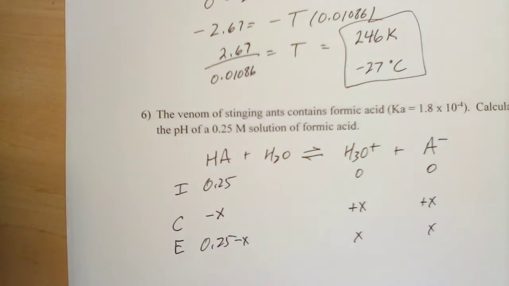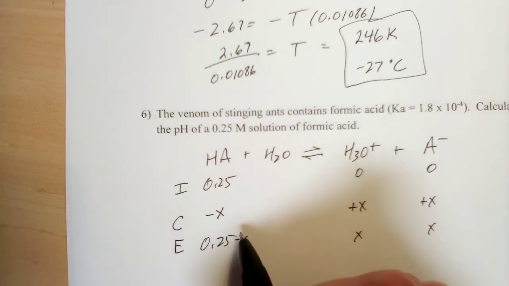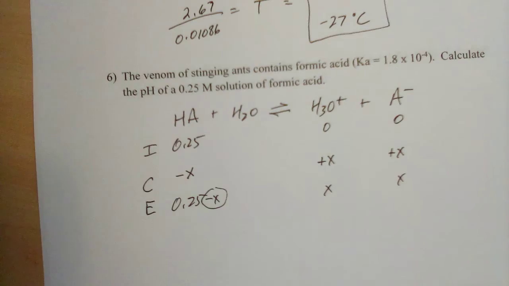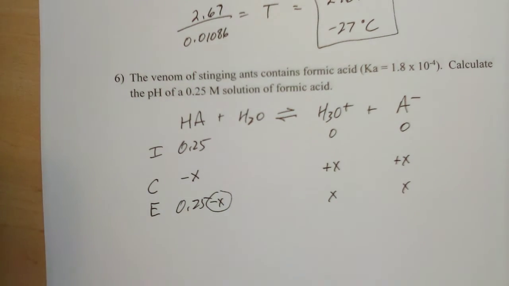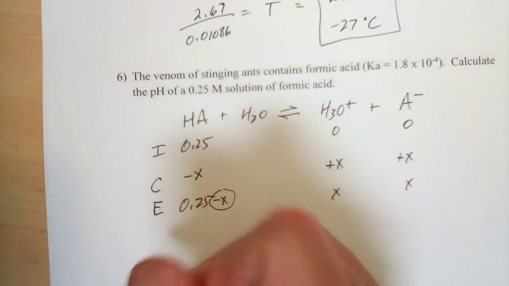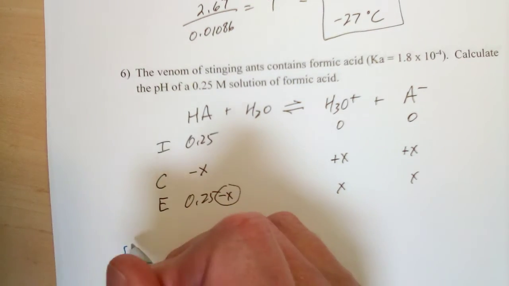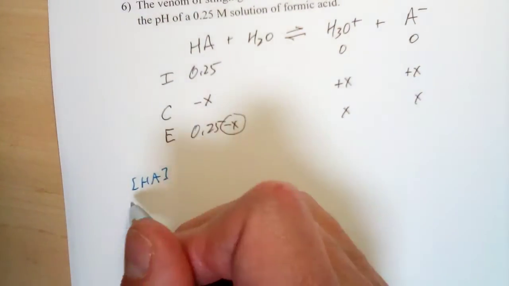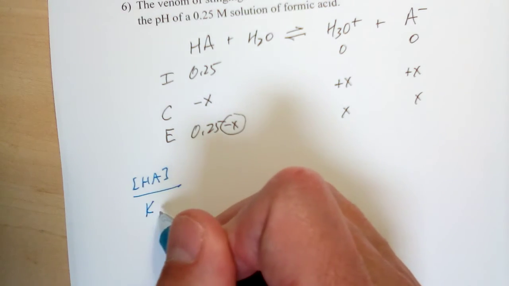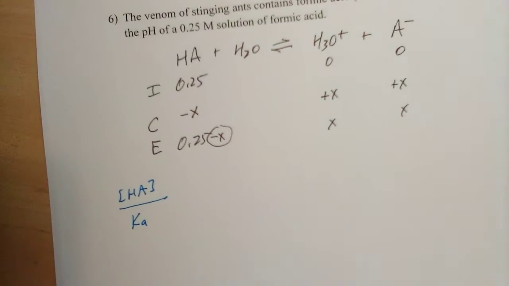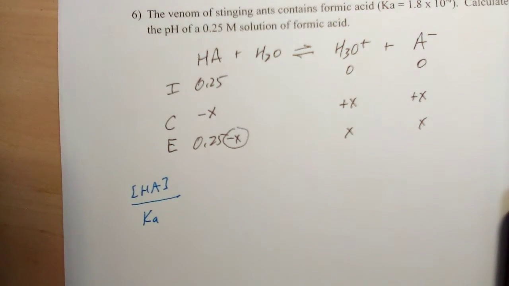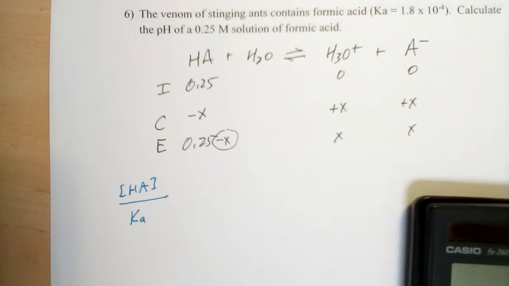Now, what we usually will do here with a weak acid problem is evaluate the minus x term and see if we can ignore it. So we want to compare the concentration of the weak acid to the equilibrium constant. If the concentration is really low, or if the equilibrium constant is fairly high, we may not be able to ignore that minus x because the equilibrium may shift a lot in the forward direction.